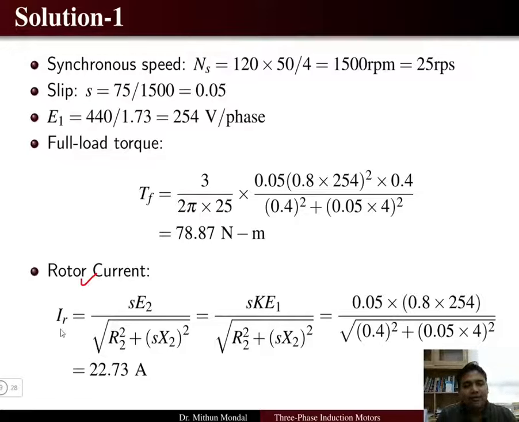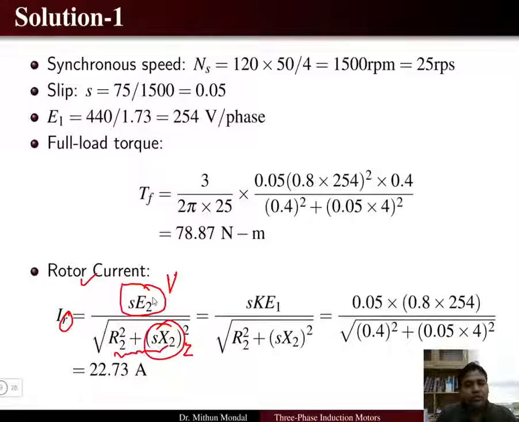The current we have to derive under the running condition, I R. S into E2 in the numerator is basically the voltage under the running condition, and in the denominator we have the total impedance. The impedance is basically the rotor resistance square plus (slip times the standstill reactance) square.